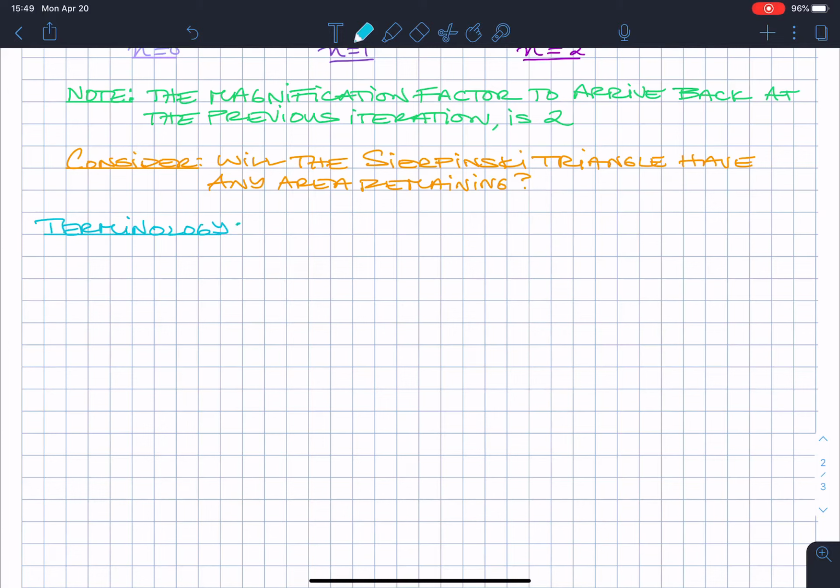And the term fractal refers to the non-integer dimension of fractal objects.